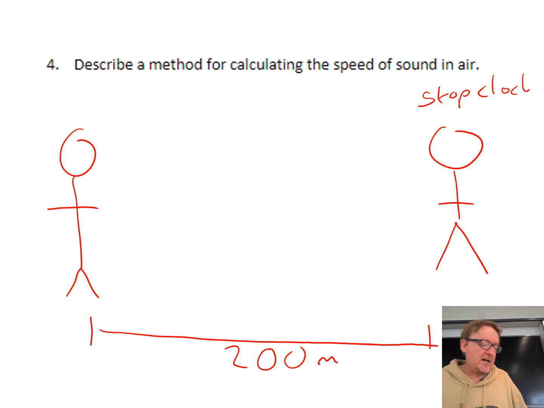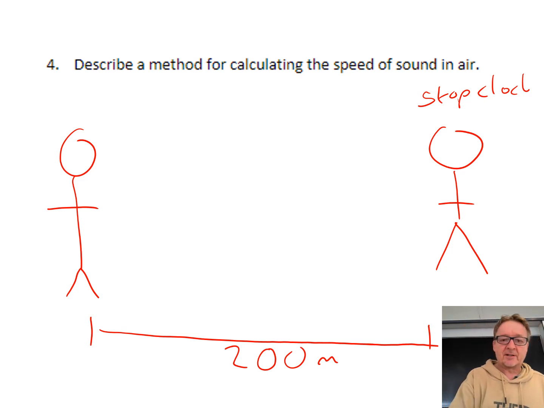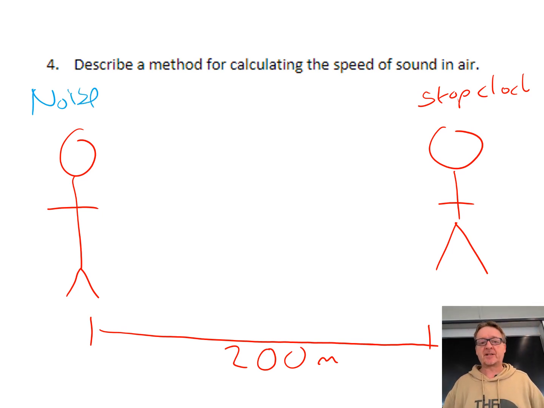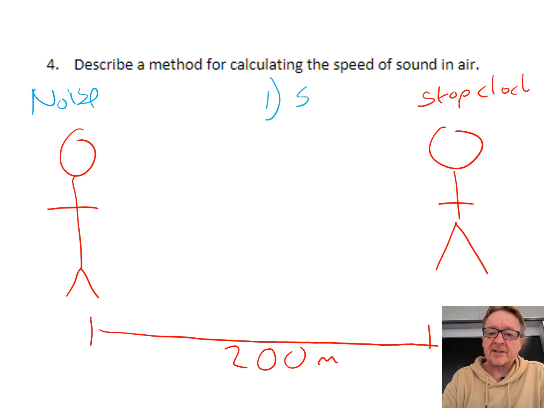The way that it works is this person here makes a noise, whether they clap or bang something together. He then starts the stop clock when he sees the person make the noise, because light travels much, much quicker. Then he stops it when he hears it.